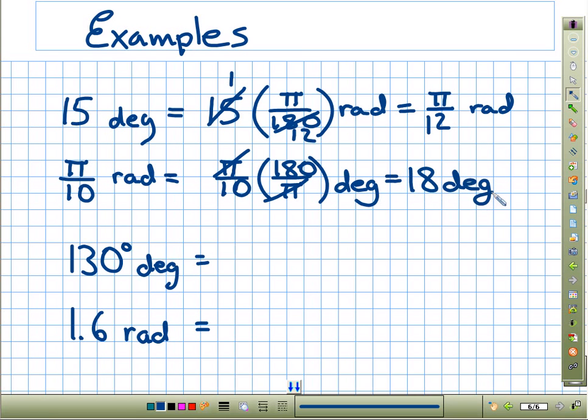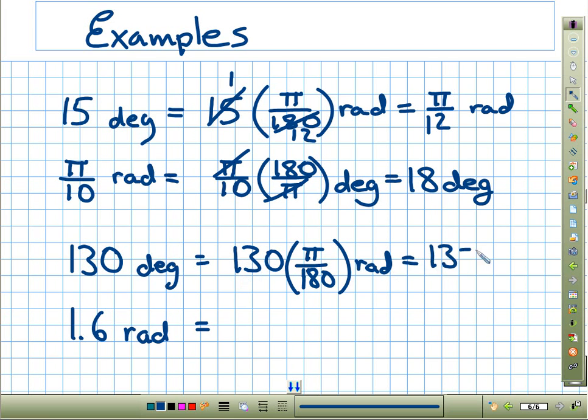Okay, let's look at 130 degrees. If we want to convert that, we just say that equals 130 times pi over 180 radians. Now, we just need to simplify 130 over 180. 10 will go into both, right? 10 will go into 130 13 times.